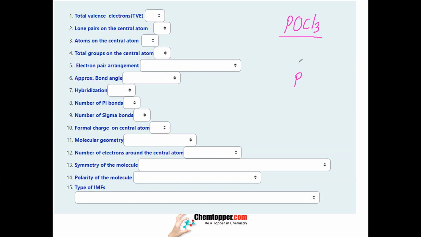P. Skeleton. Total valence electrons. 32, right?